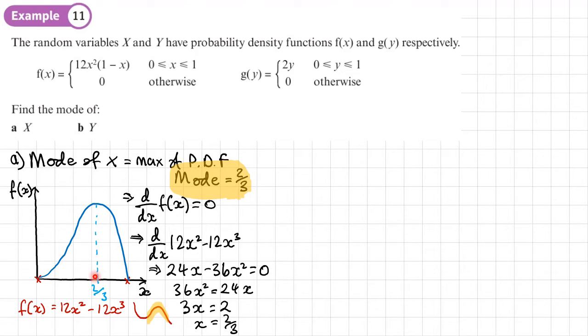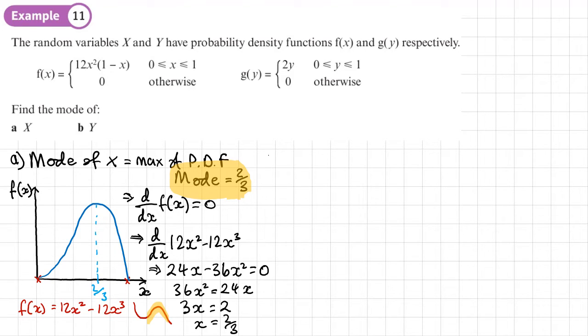And if we go back to our table and look between 0.6 and 0.7, 0.6 from the table is 1.728, and then 0.7 is 1.764. So the maximum could be somewhere between those two, which it actually happens to be 0.6 recurring.